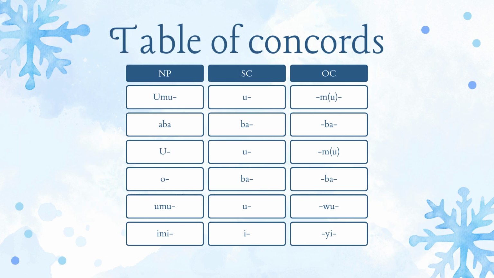Siyaqhubeka. Aba, the subject concord is ba, and when we are using the object concord, it's ba again. So if I use aba in a sentence only with the subject concord: abafana bayahamba. But now I want to make abafana an object. So I would say, utisha ubiza abafana.